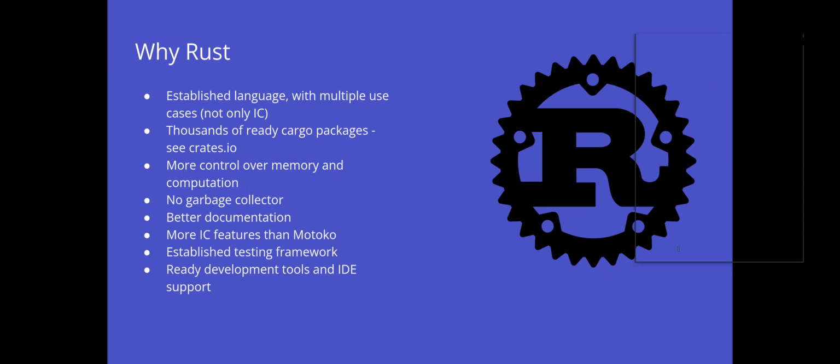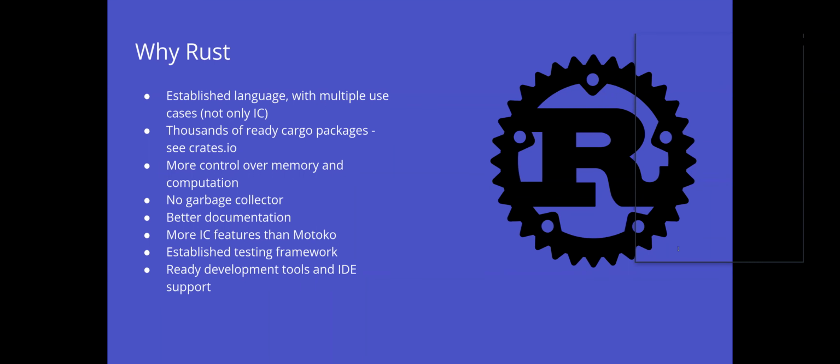Another reason why I have chosen Rust is that it gives you more Internet Computer features than Motoko. I'm quite sure that with time, Motoko will be expanded to include those features. However, right now it is not possible. Two of them, which are the most important: in Rust, you have access to stable memory.